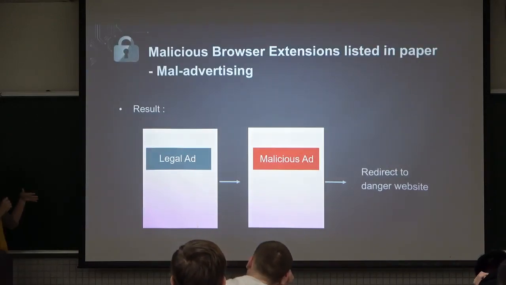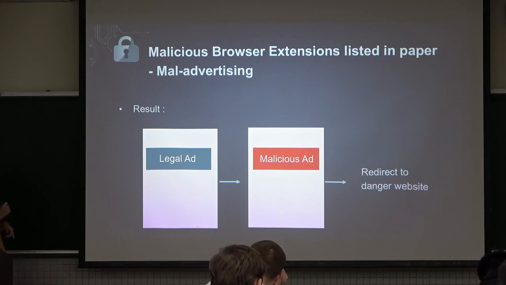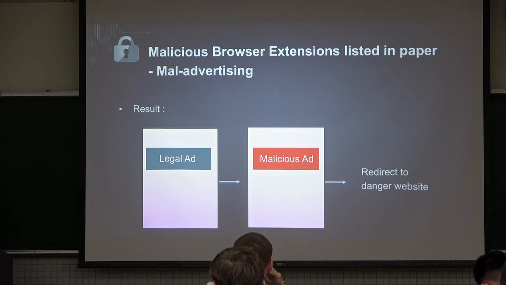We can find that we can change the legal link in the web page to a malicious one. So when the user clicks on it again, their computer will be infected by a virus, or they will be redirected to a dangerous website. I think it is the same scenario as email spamming and email inbox spying.